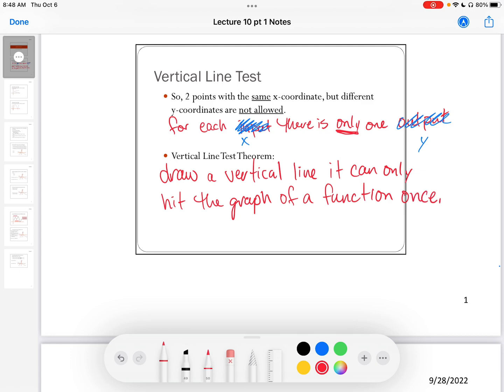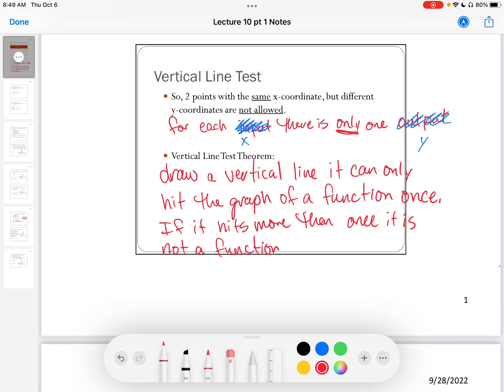Okay? If it hits more than once, it is not a function.